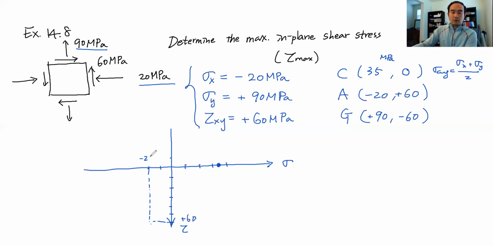This is negative 20, this was positive 35. So this is going to be point A. Okay, now we have 90 and negative 60. So 1, 2, 3, 4, 5, 60, 70, 80, 90 here. And then negative 60, so 1, 2, 3, 4, 5, 6. So let me do my best. Here we come.